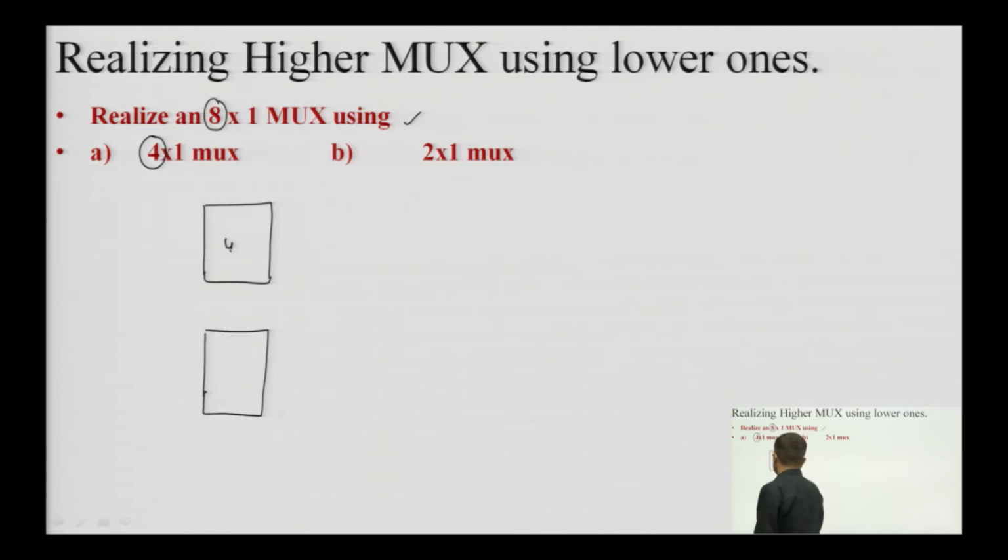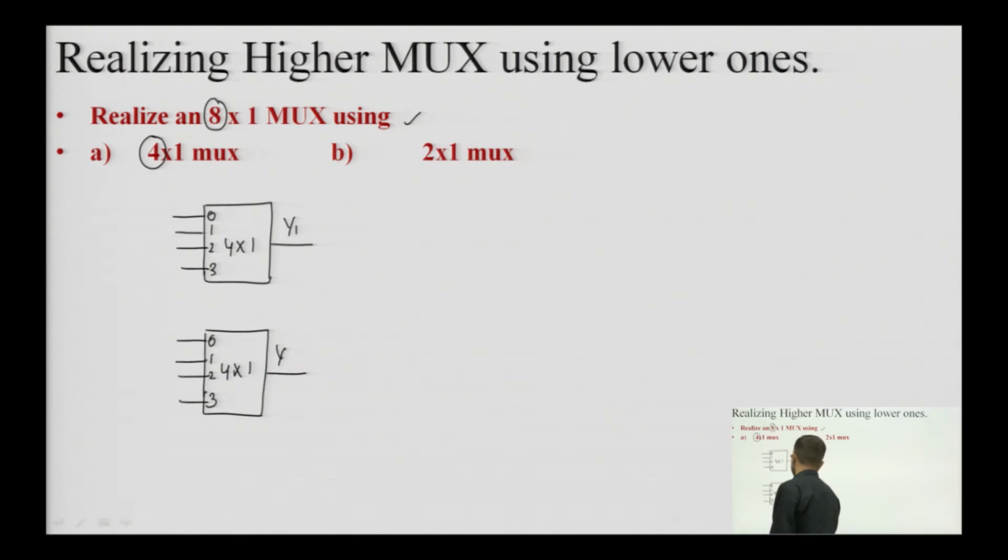Okay. So, 4 cross 1, 4 cross 1, 0, 1, 2, 3, 0, 1, 2 and 3. So, these are the 4 inputs of each of these 4 cross 1 multiplexers. I am labeling the outputs as Y1 and Y2, because I need only one output, but there are 2 outputs Y1 and Y2.